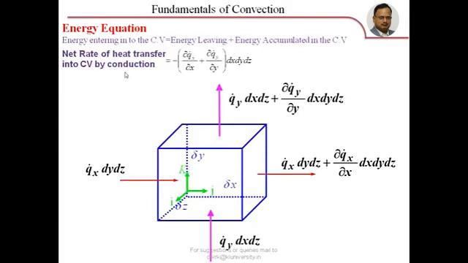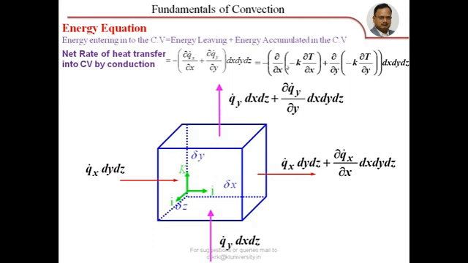So the net rate of heat transfer into the control volume by conduction is equal to heat entering in x direction by conduction minus heat leaving in x direction, plus heat entering in y direction minus heat leaving in y direction. That ultimately will give you minus (∂qx/∂x plus ∂qy/∂y) dx dy dz, similar to what we have done earlier in the conduction equation.